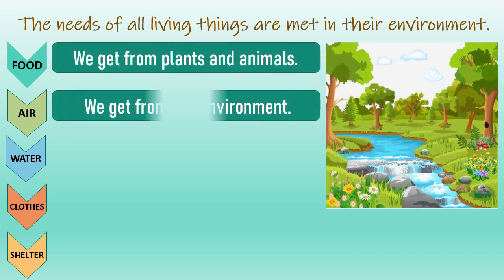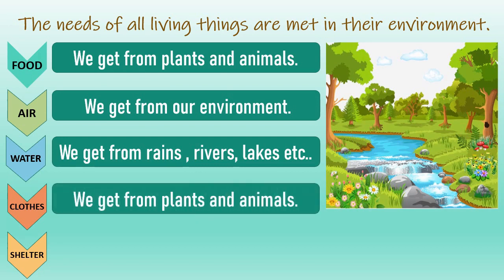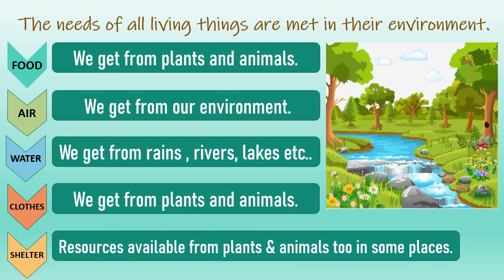Air we get from our environment. Water we get from rains, rivers, lakes, etc. Clothes we get from plants and animals. Shelter resources are available from plants and animals too in some places.